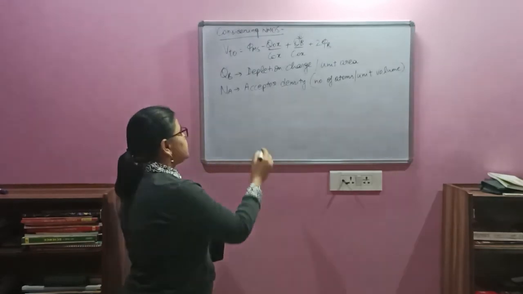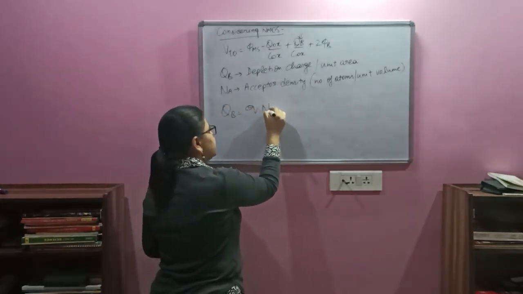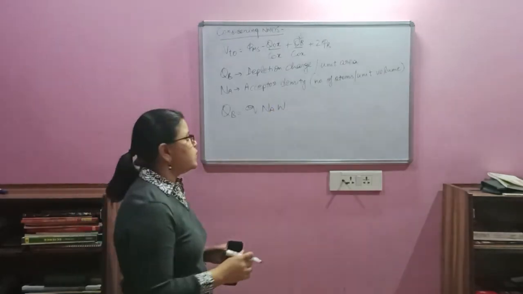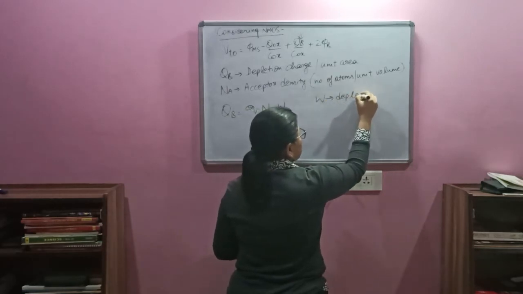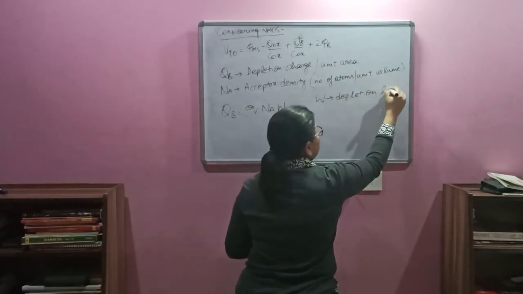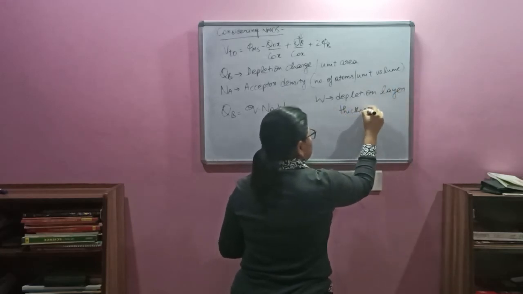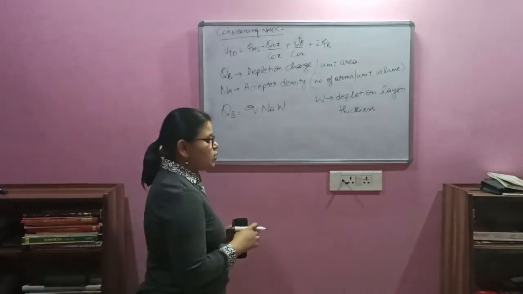So this QB is given as Q into Na into W, where W is the thickness of the depletion layer. Now, which depletion layer am I talking of?